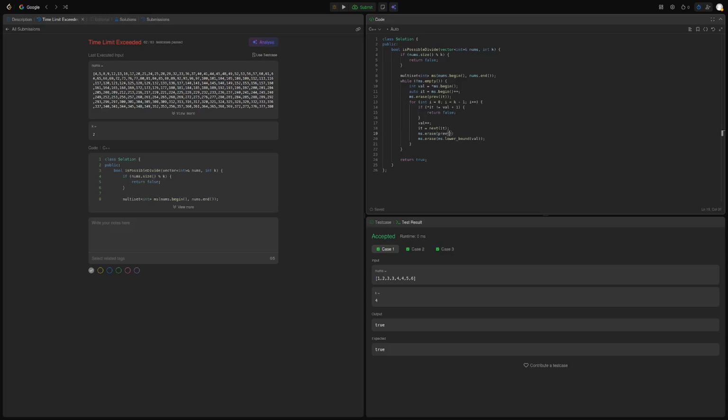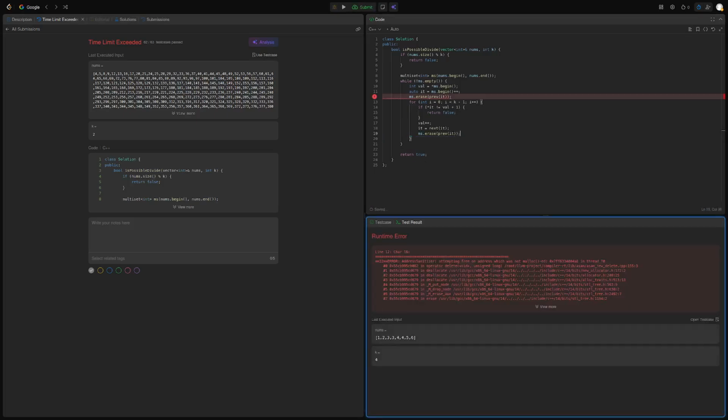I hope that not lower bounding will be faster, but I'm not sure.